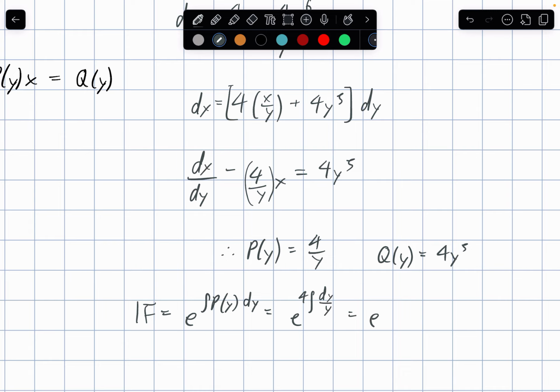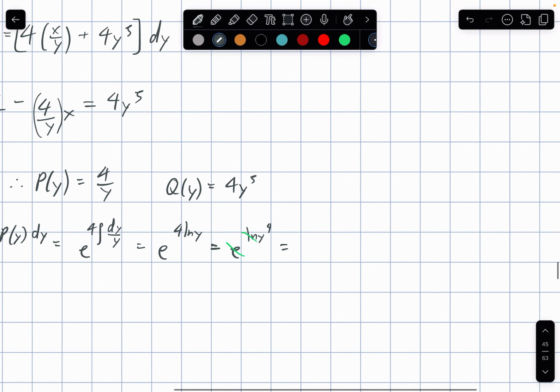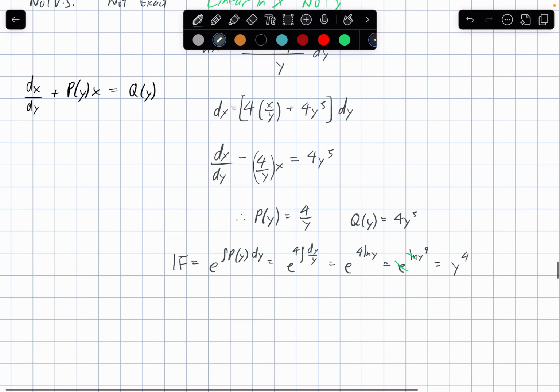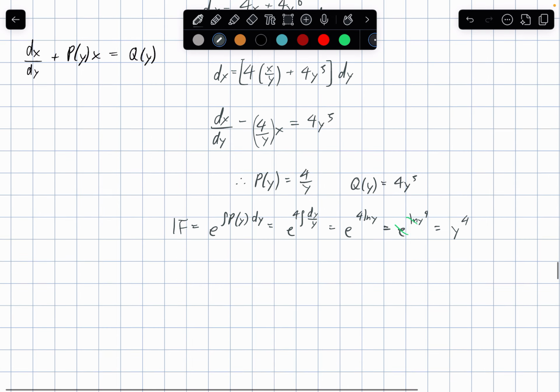Dy over y, that is ln y raised to 4, cancel, y raised to 4. Okay, so that is the integrating factor.